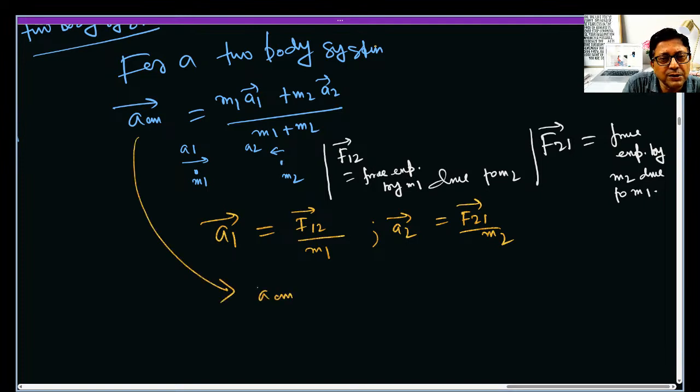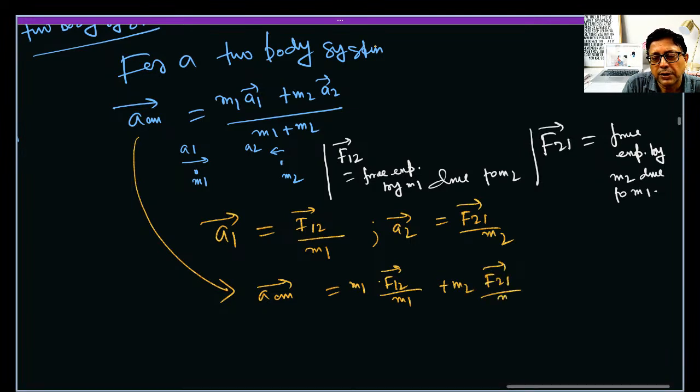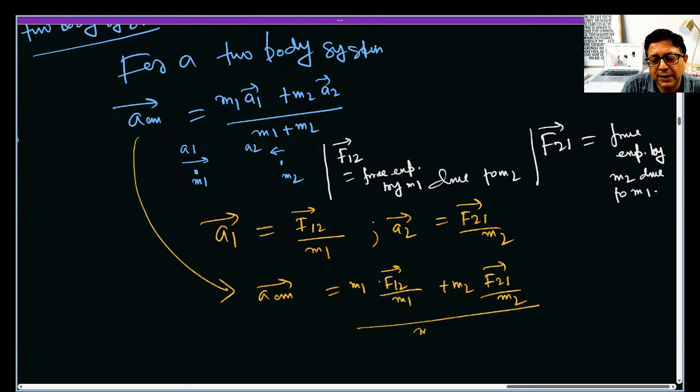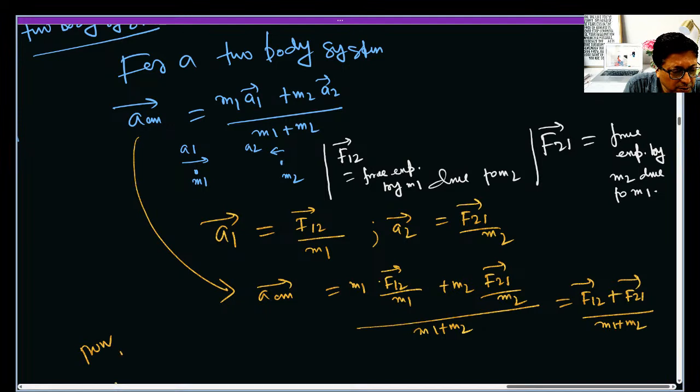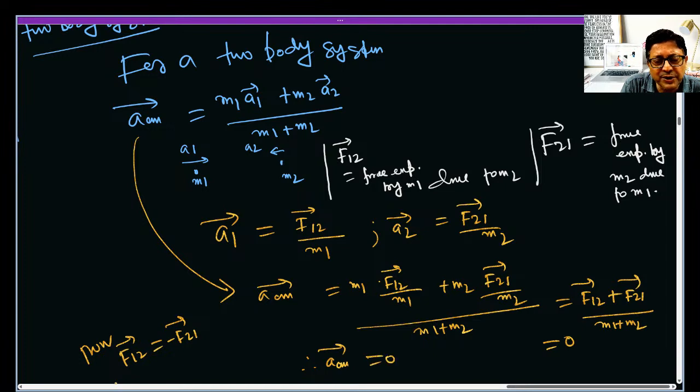So ACM will be (M1 times F12 by M1 plus M2 times F21 by M2) divided by (M1 plus M2). Now F12 equal to minus F21, this you know, so this will be 0. So ACM equal to 0.